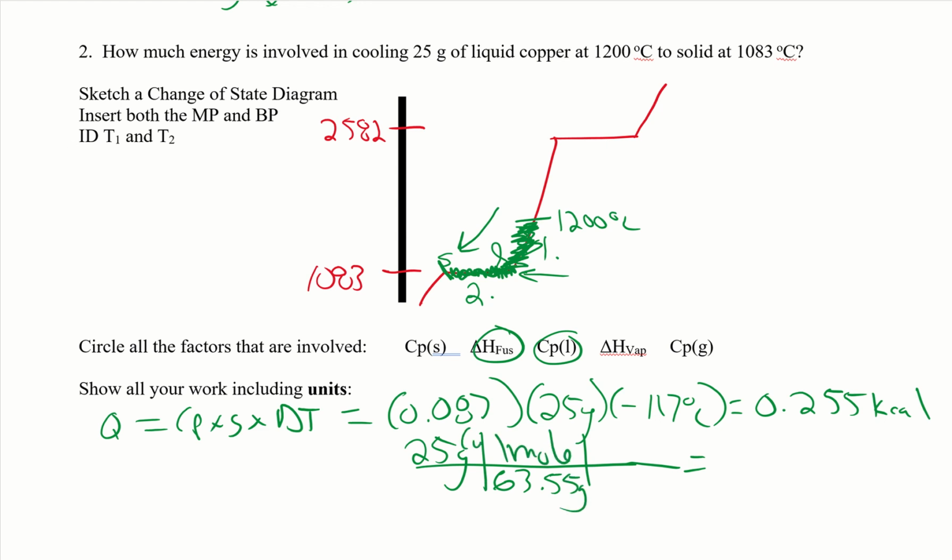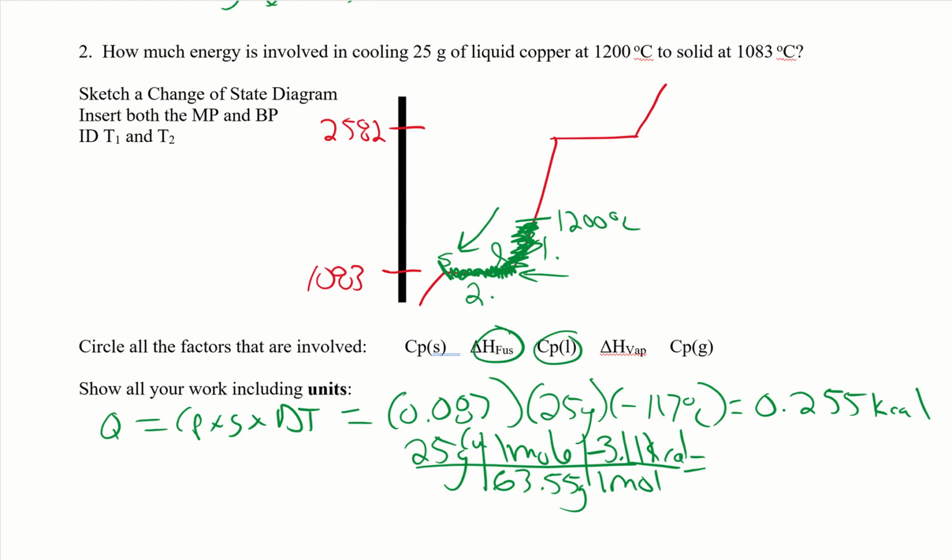And then delta H of fusion for copper, you look it up on that table, is 3.11 kcals per mole. I'm going to put a negative because that is losing energy.